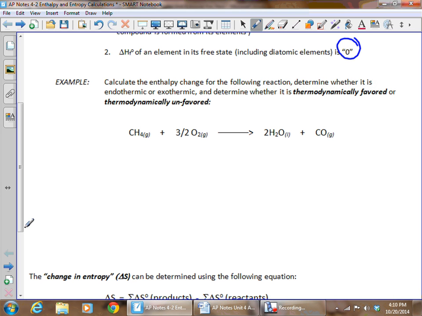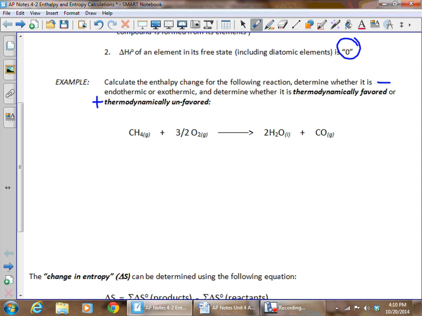If it's a positive value for delta H, it's going to be thermodynamically unfavored. So positive, unfavored; negative, favored, when we're talking about our enthalpy. So let's look at the values. I've already showed you the paper where I'm going to get these values from, so you can look at the paper if you want to.